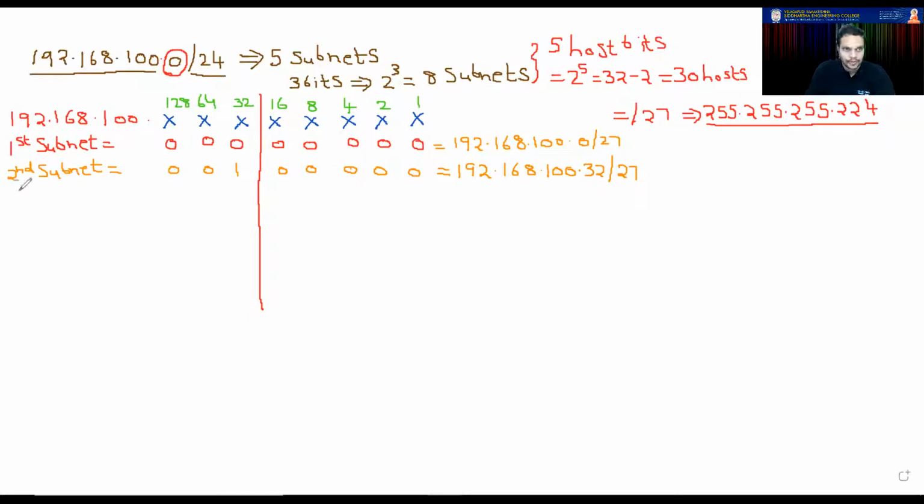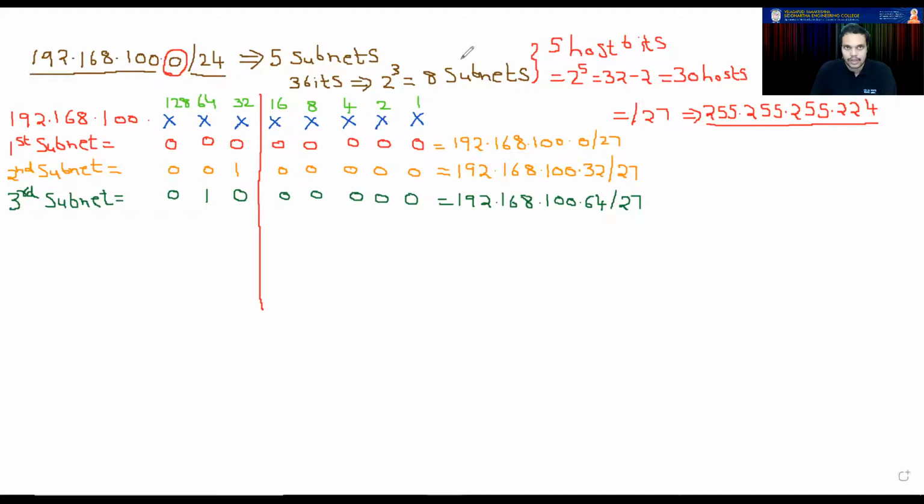Let me change the color to identify clearly. Let me go for green. For the third subnet, my bit positions will be 0, 1, 0, with all zeros in the remaining part. So my third subnet address will be 192.168.100.64/27. Let me change the color again so it will be easier to identify.